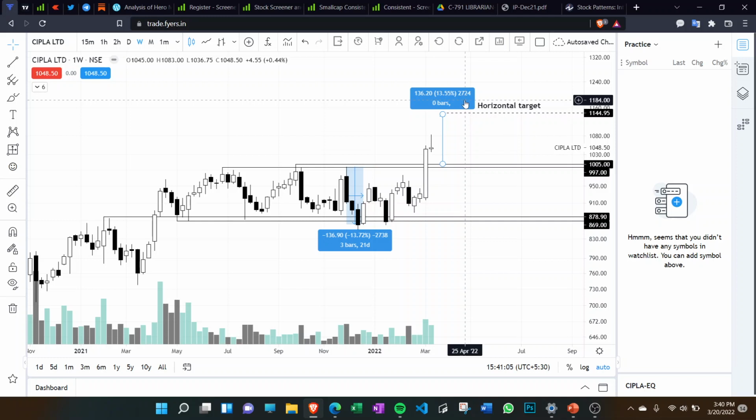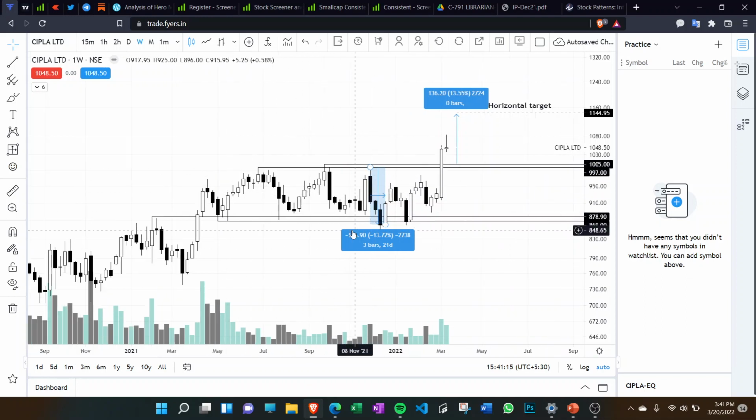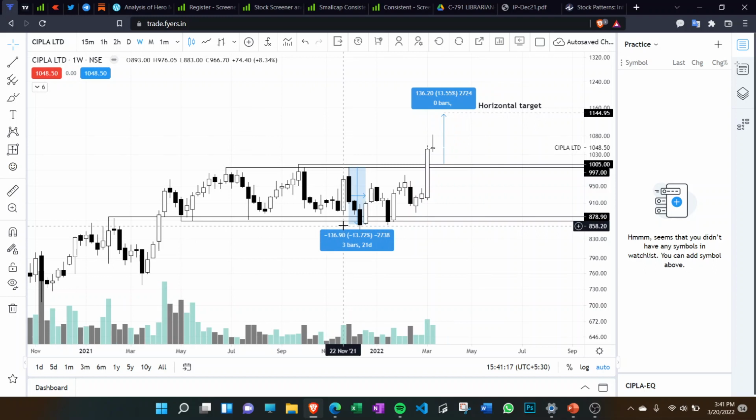So when price moves within a range, as you can see here, between 870 and 1000, this qualifies as your horizontal or rectangle pattern, in which the price is moving between two horizontal support and resistance lines.